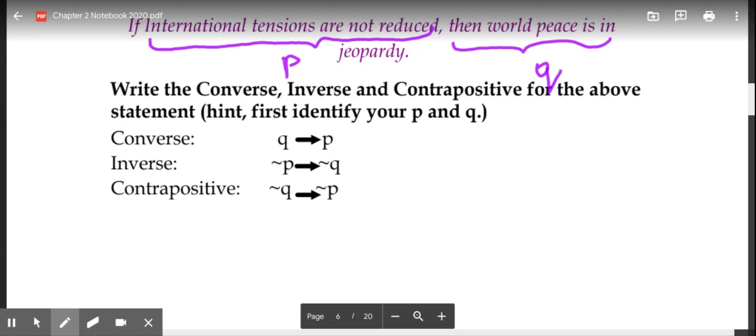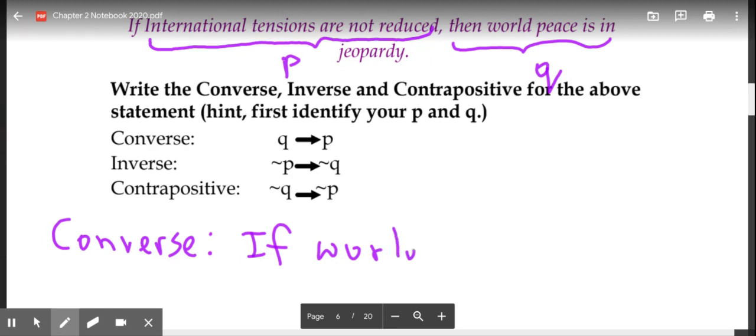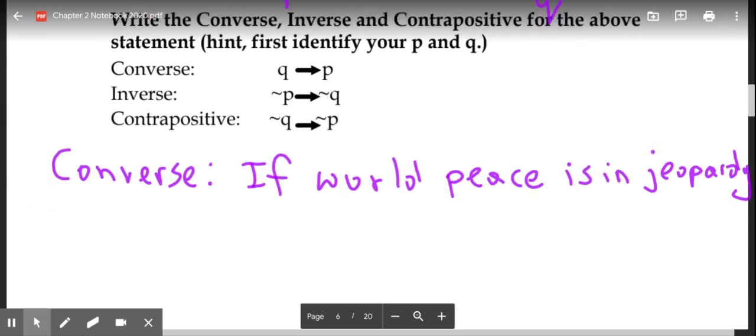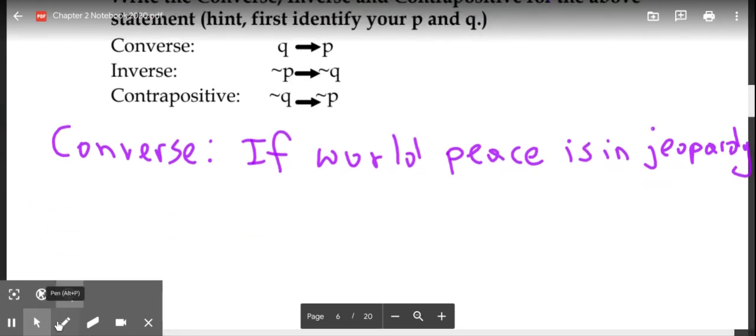In other words, if Q, then P. So converse: if world peace is in jeopardy, then international tensions are not reduced.